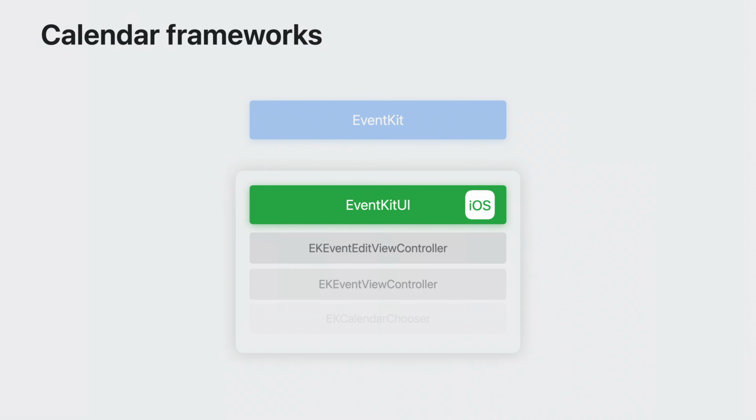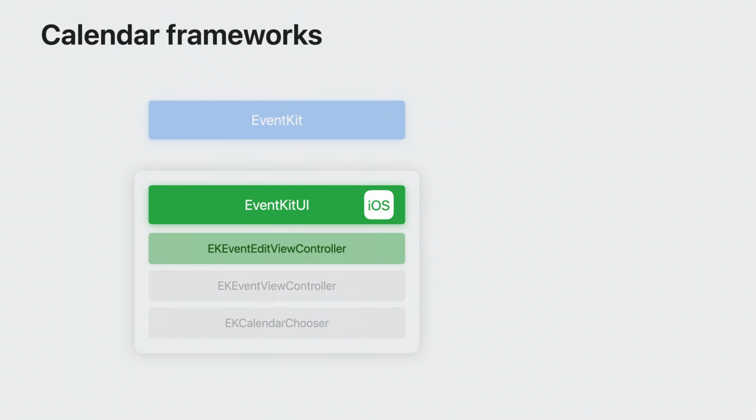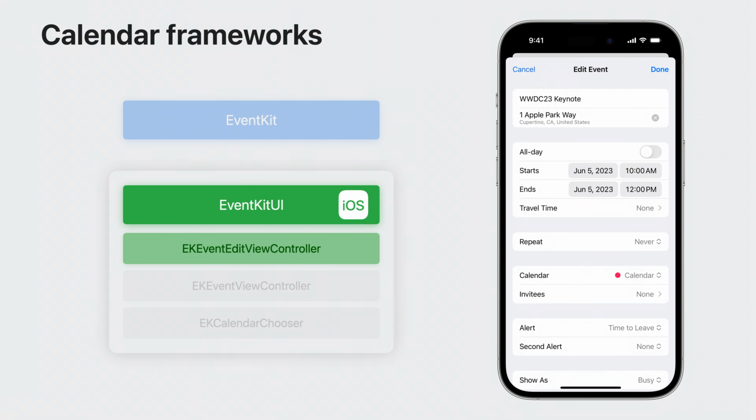EventKit is a foundational framework for interacting with calendar data. EventKit UI is built on top of EventKit to provide some useful built-in views. There are three view controllers provided by EventKit UI. The EK Event Edit View controller shows an event editor. Use this to add a new event or make changes to an existing event.